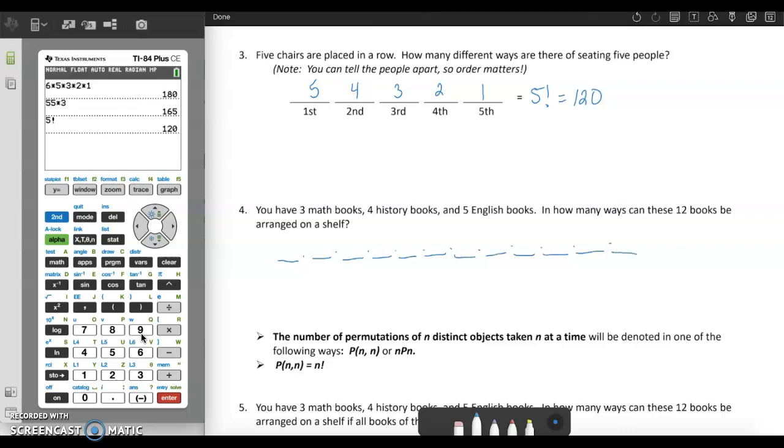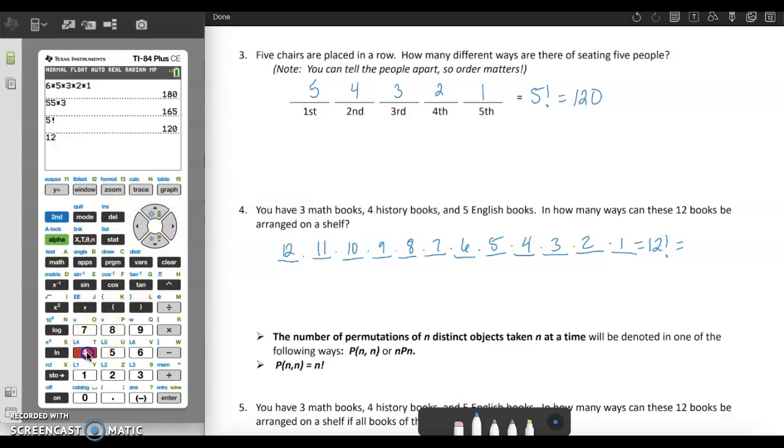We've got 12 different books. So we would have 12 choices for the first, 11, then 10, 9, 8, 7, 6, 5, 4, 3, 2, 1, which is 12 factorial, which is, now here's a good reason to use that factorial button in my opinion. I'm only doing one of them.